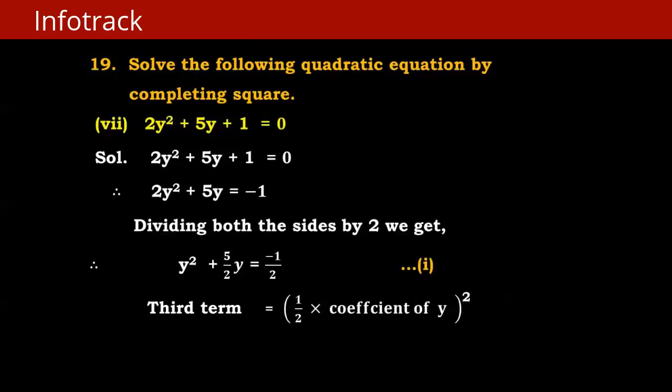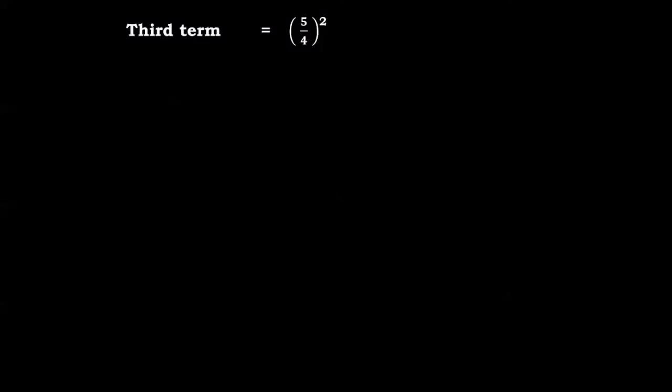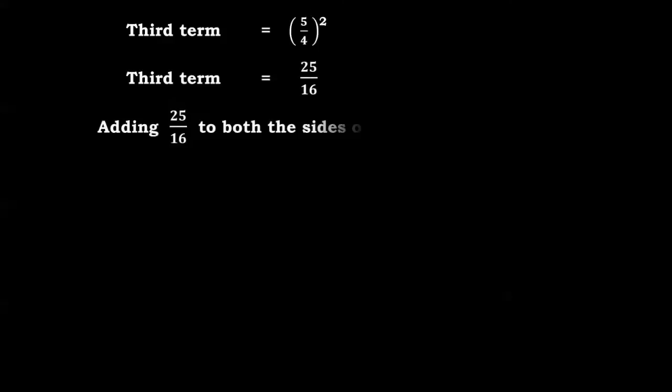The coefficient of y is 5 upon 2, so that is (5 upon 4) the whole square, 25 upon 16. Adding 25 upon 16 to both the sides of 1, we get y square plus 5 upon 2y plus 25 upon 16 is equal to minus 1 by 2 plus 25 upon 16.